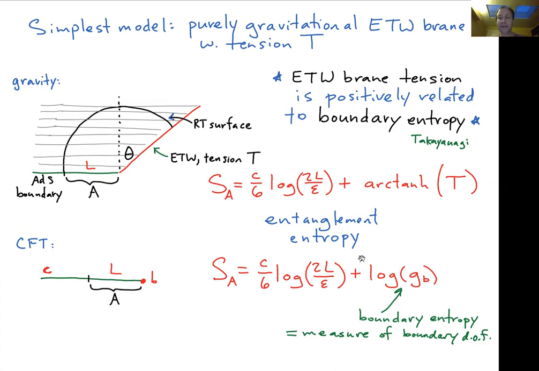And then there's a boundary contribution, which we often call log g. So this thing is what's known as the boundary entropy. Roughly you can think of it as some measure of the number of boundary degrees of freedom, in the same way that the central charge is a measure of the number of degrees of freedom in the bulk.